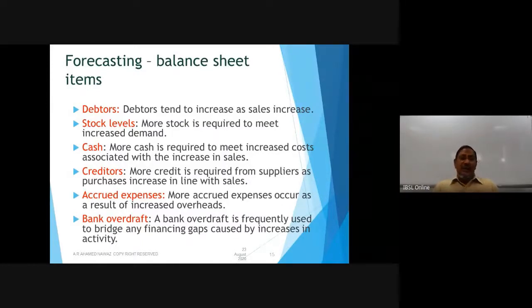Let us look at practically how it happens. Most of the time, our customers tend to depend on a bank overdraft, specifically a temporary overdraft. What is a temporary overdraft? When there is a shortfall of finance for the customer to meet their cheques, they ask for an overdraft facility.